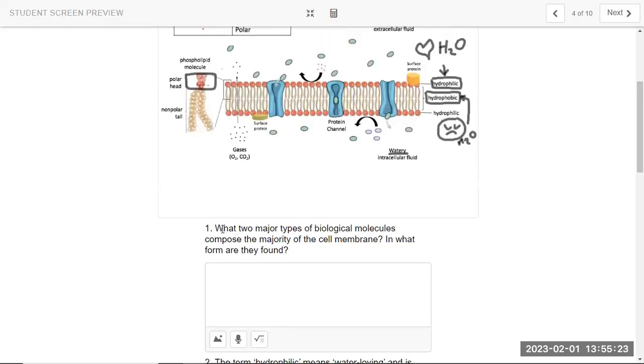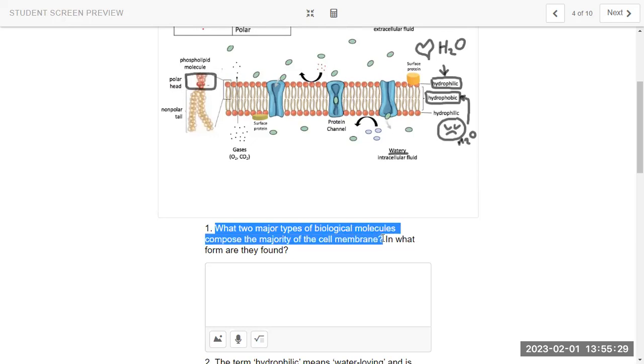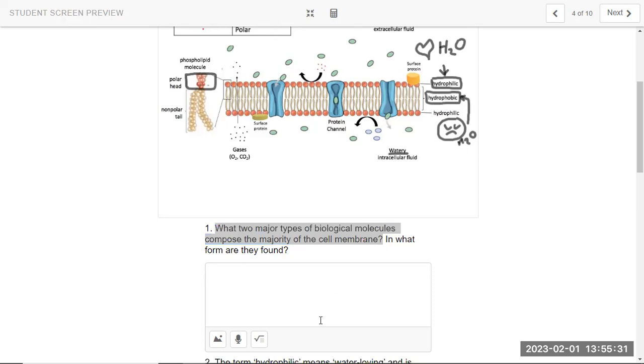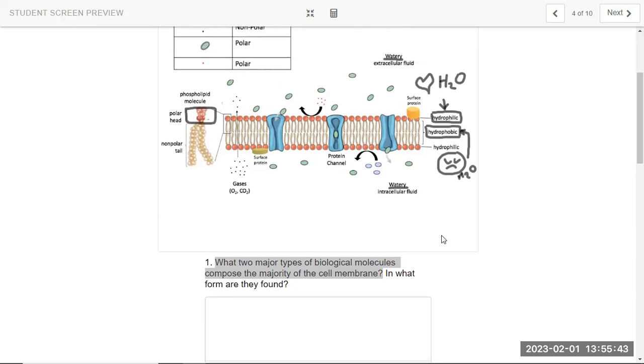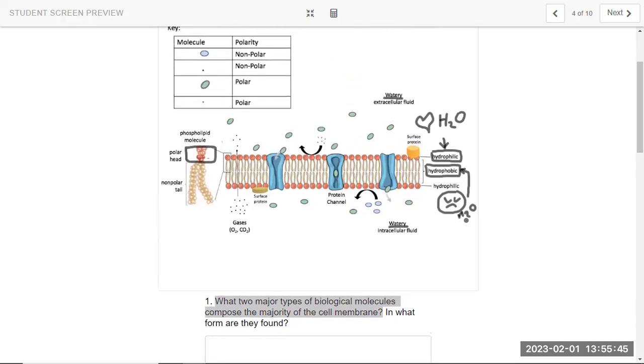Question one is asking, what two major types of biological molecules compose the majority of the cell membrane? Okay. So let's take a look at the cell membrane. What do you see there?